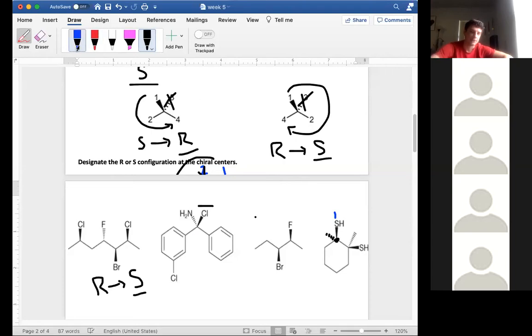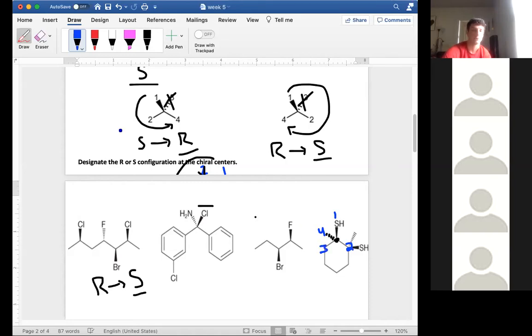Our implied hydrogen would be our fourth. Now, what would be our second? The C to the right. Why? Because it has the S attached to it, compared to the left, which has only 2 H's. Yeah, so 2, 3.